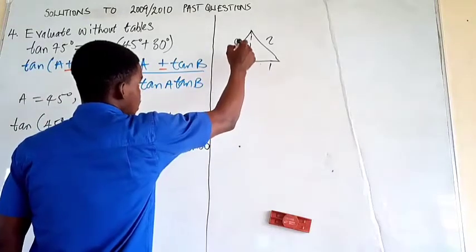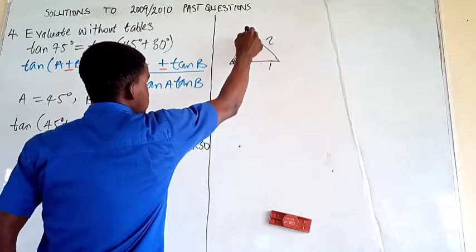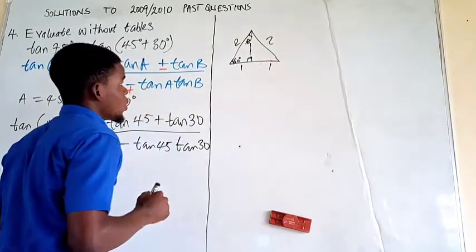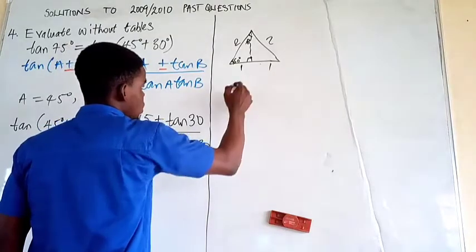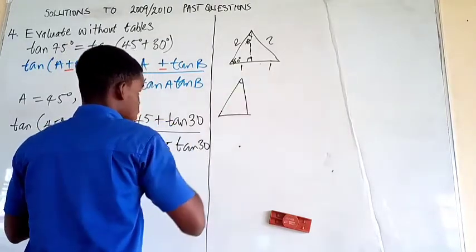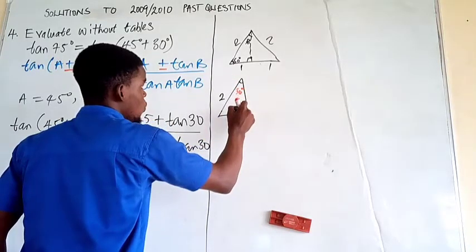Let this be 60 degrees, and this other one 30 degrees. This is the right angle at that point. So when we are considering the angle 30 degrees here, this will be 2, this will be 1.